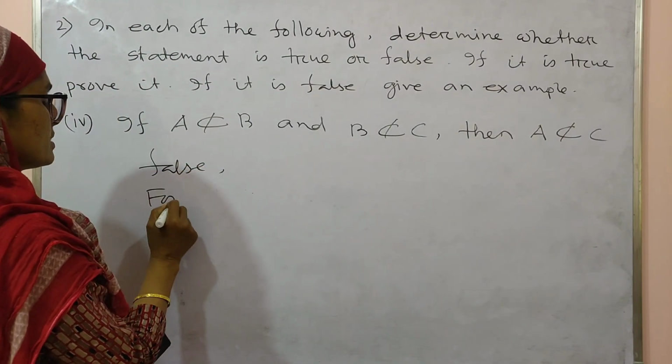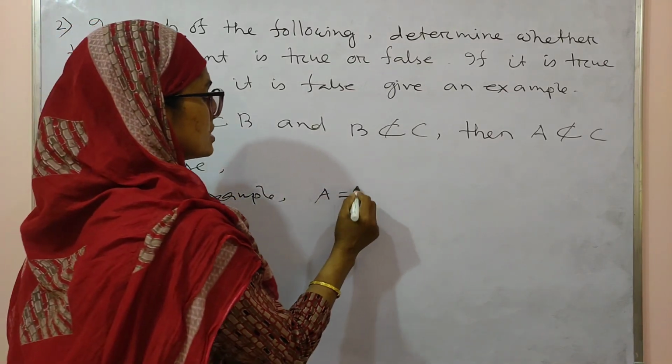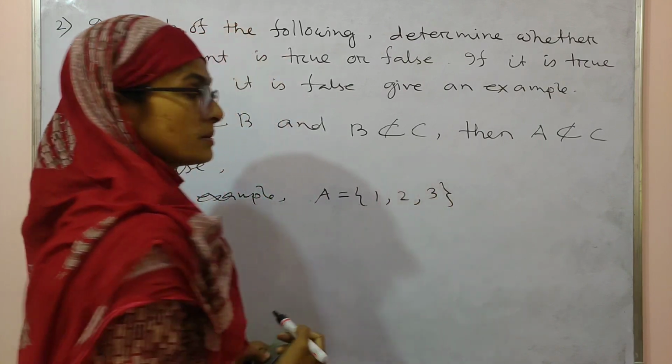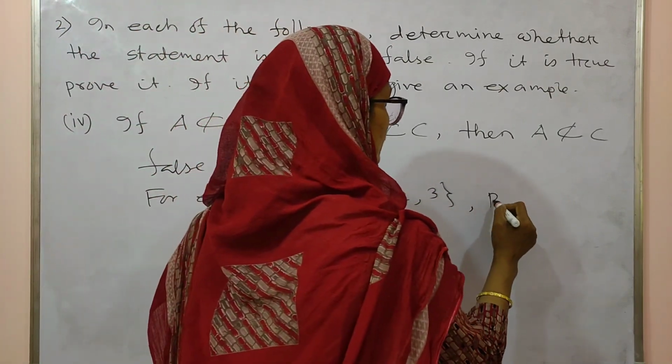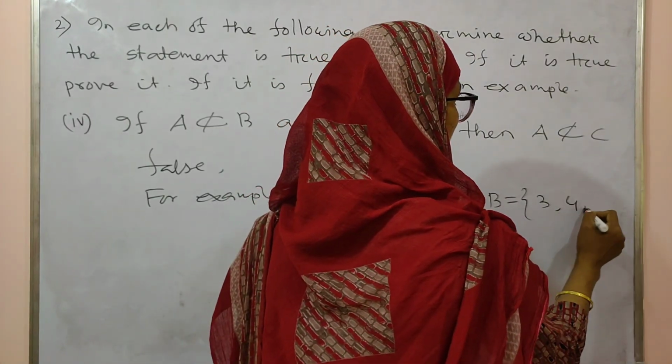For example, say let A equal {1, 2, 3} and B equal, say, {3, 4, 5}.